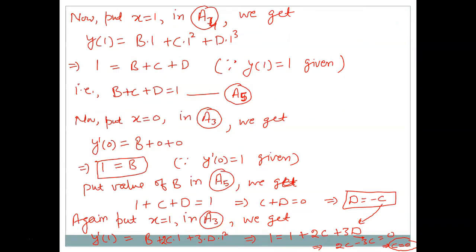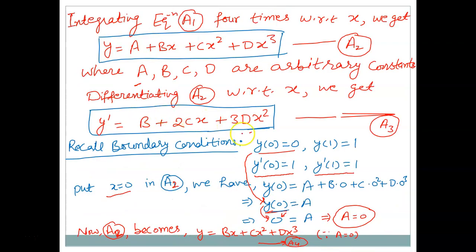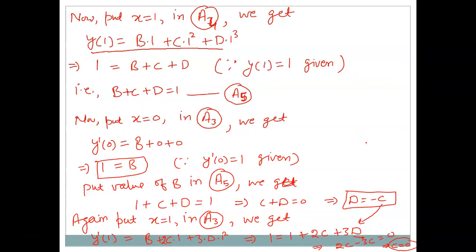After putting x equal to 1, we get this type of equation. The given boundary condition is y of 1 equal to 1. So putting y of 1 as 1, we get b plus c plus d equal to 0. We call this equation A5.